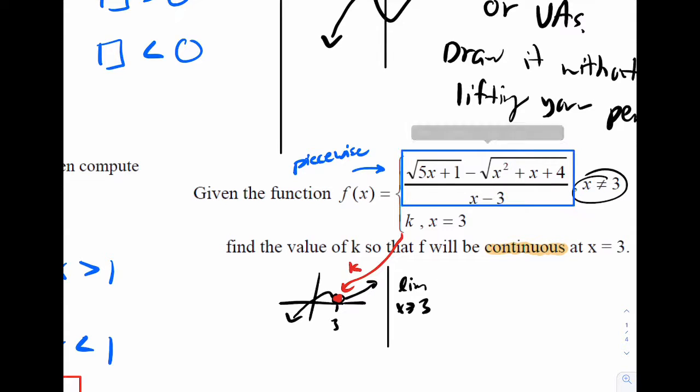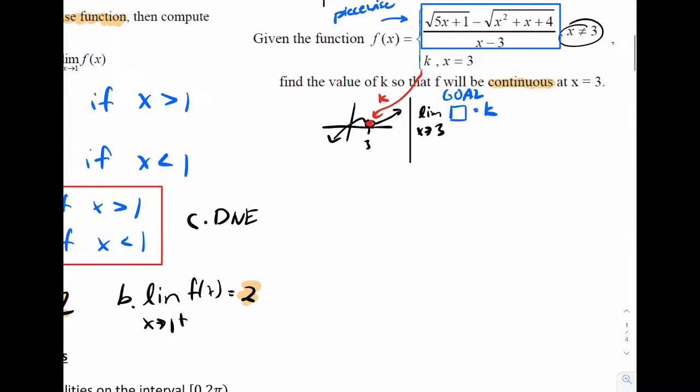We want the limit of the blue box as x approaches 3 to be k. So this, again, is our goal as we're thinking and working. So let's try it. I'm going to grab that blue box right there, and let's work with it algebraically.